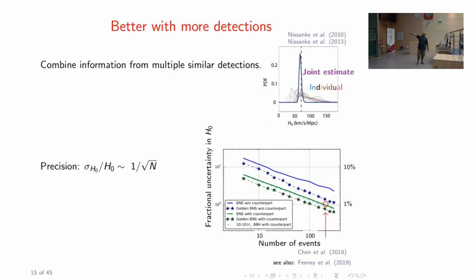Our uncertainty scales with the number of detections as 1 over square root of n. 100. And 100 is? Square of 14. So it's about the square of 14, whatever it is, and that is of the order of 100.